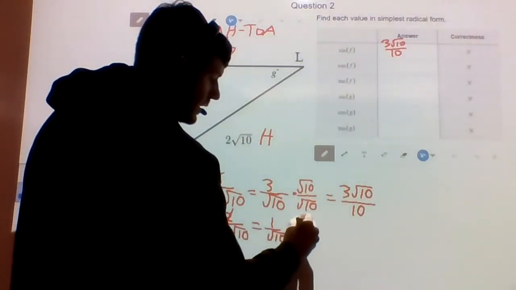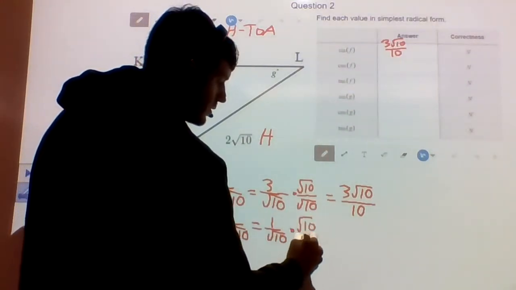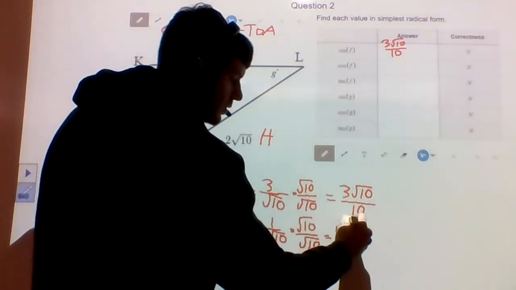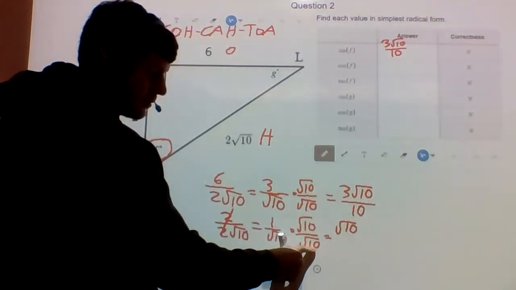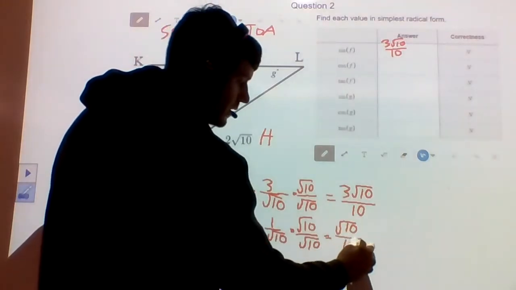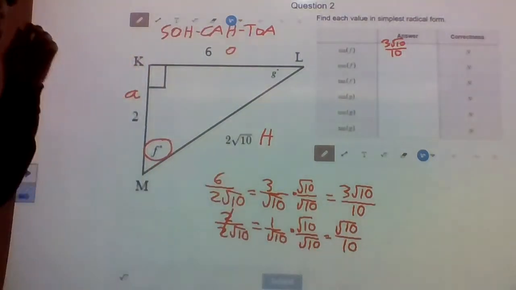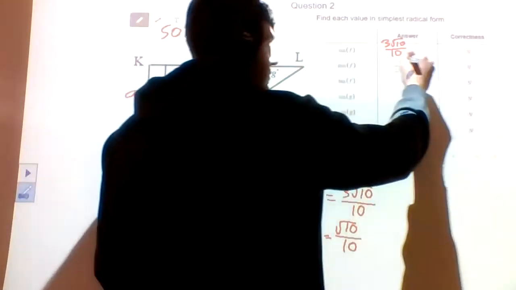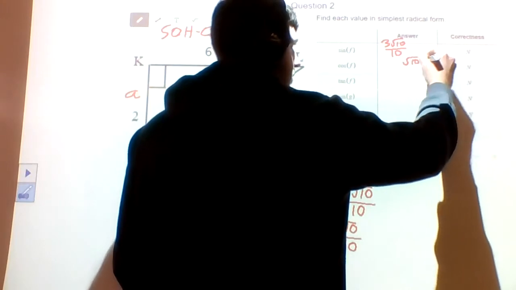We've got to get the radical out of the denominator. So 1 times the square root of 10 is the square root of 10. Square root of 10 times the square root of 10 is just 10, right? It's the square root of 10 squared, and square root of 100 is 10. So that's our cosine, square root of 10 over 10.